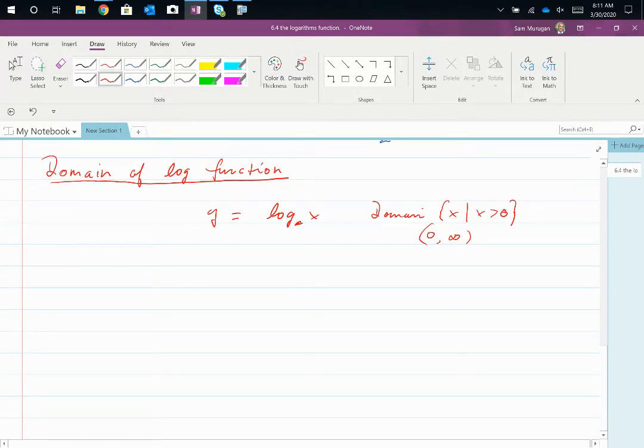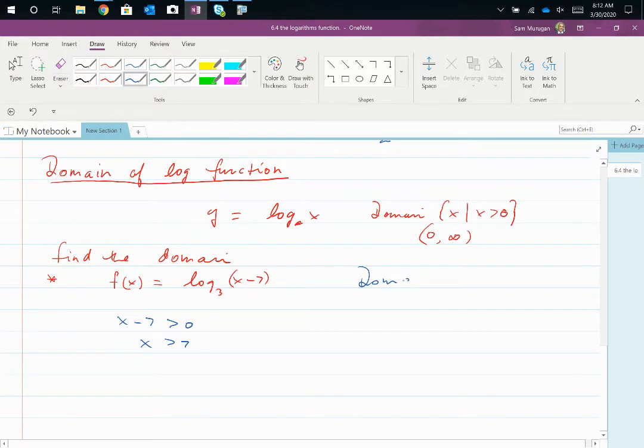So finding the domain, examples. The function given is f of x equals log base 3 of x minus 7. To find the domain, we would simply set x minus 7 greater than 0, so x has to be greater than 7.